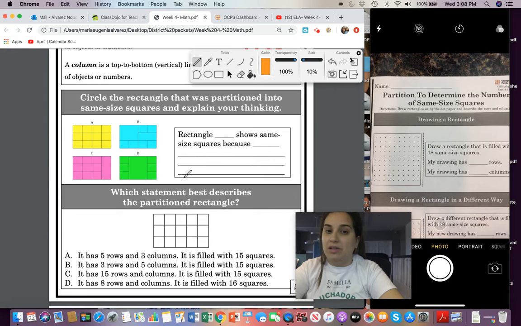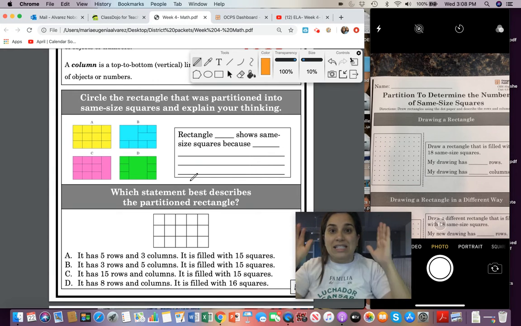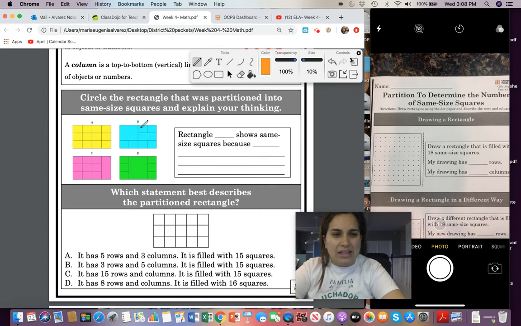So I'm not going to tell you the answer, but I'm going to tell you which one I know for sure it's not partitioned or divided into equal squares, because it has to be squares that are the same size. I'm looking at B right here, and I see that this square is the same as this square, and it's the same as this square, and this square, and this square, and this square.